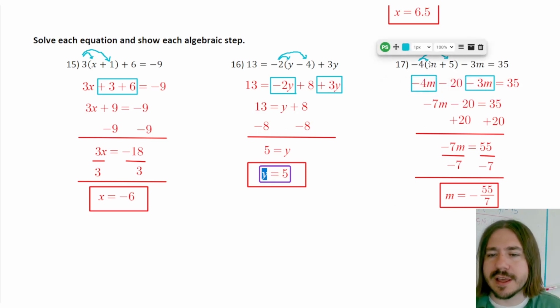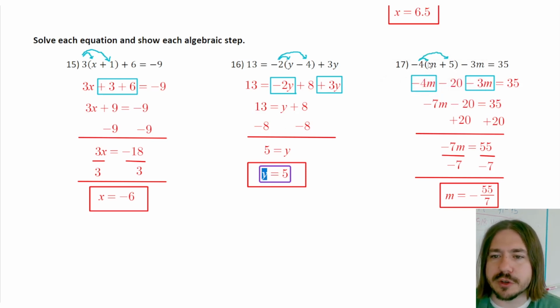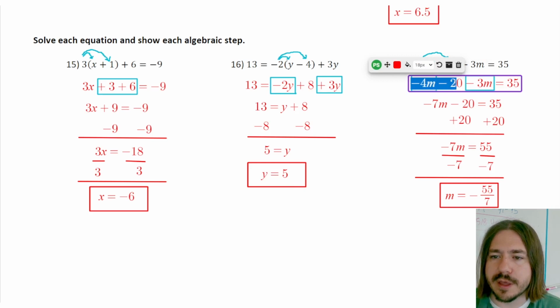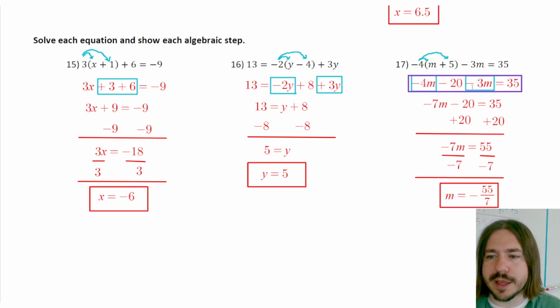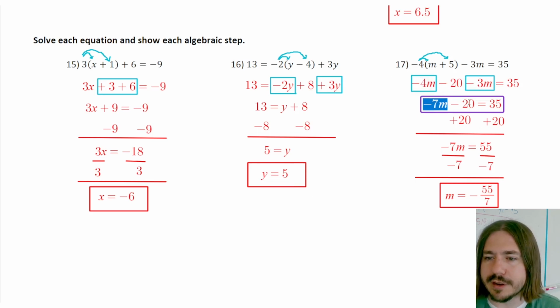Number 17 has negative 4 being distributed to m plus 5. So we're multiplying negative 4 times m plus 5. That's going to give me negative 4m minus 20. Then I'm going to combine my like terms, which are going to be these linear terms with m. So negative 4m minus 3m is going to give me negative 7m. And then I have the minus 20 equals 35.